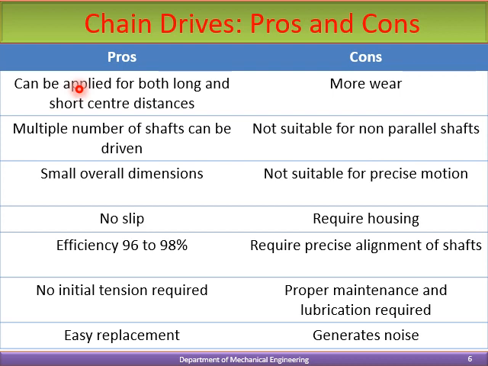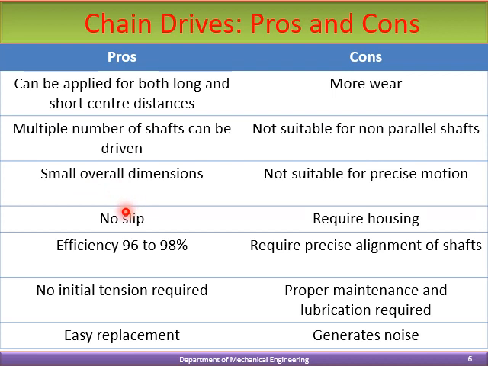Thus, chain drives can be used over a wide range of center distance. A number of shafts can be driven in the same or opposite direction by means of a chain from a single driving sprocket. Chain drives also have smaller overall dimensions than belt drives, resulting in a compact unit.